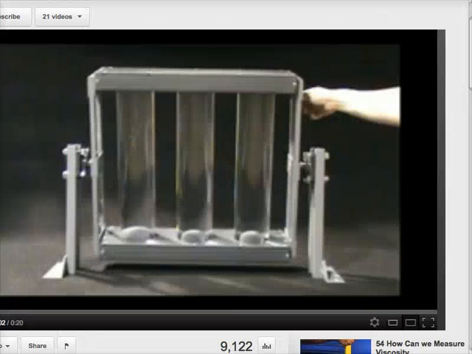This video shows that the terminal speed does depend on the fluid that the object is falling through. So this video has three balls falling through transparent liquids, but each liquid has a different viscosity, thickness or density. So let's have a look.